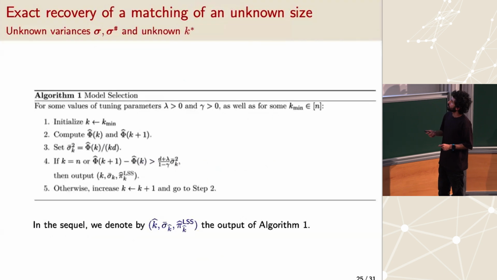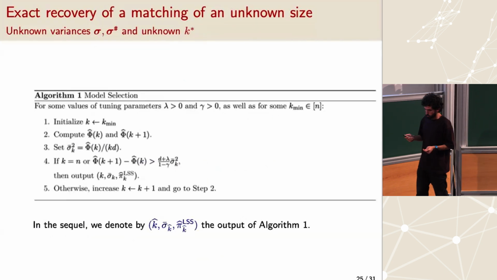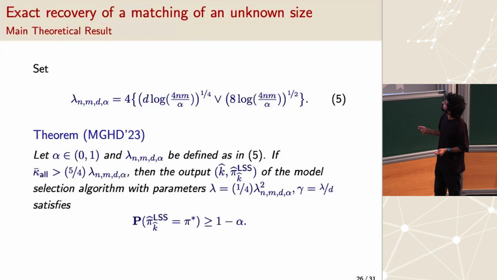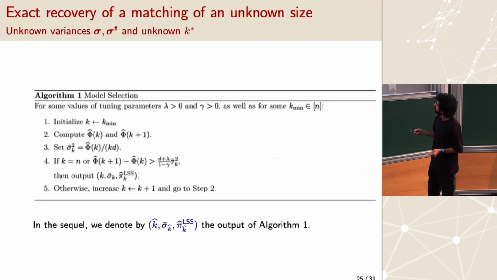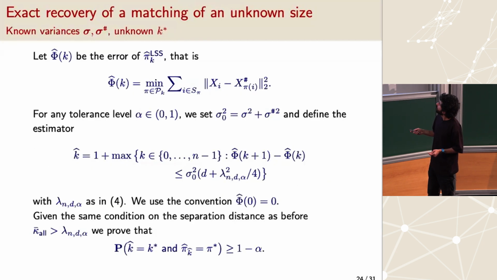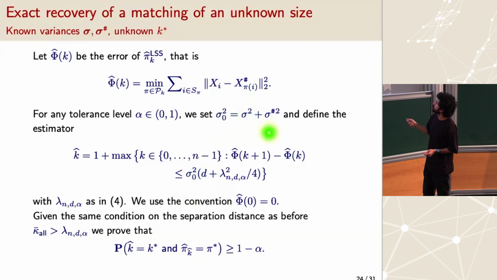Yes, so this is the general case. Here there is something unknown, which is sigma 0 square, but here I assume they are known, so it's all right.